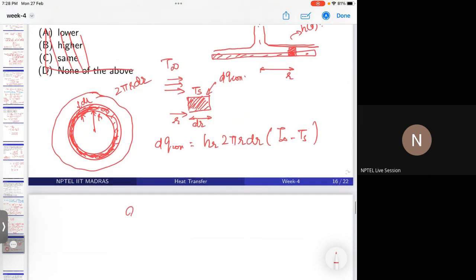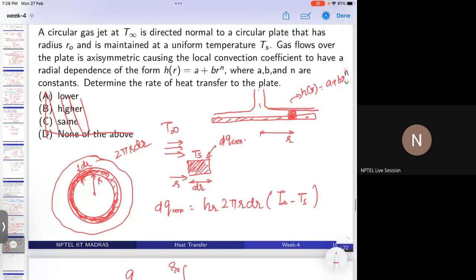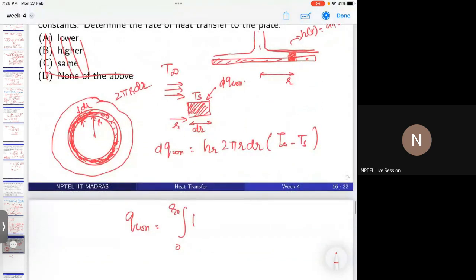So now we are integrating it. Integral 0 to r naught, which is the radius of the disk, h_r 2 pi r dr, (T infinity minus Ts).